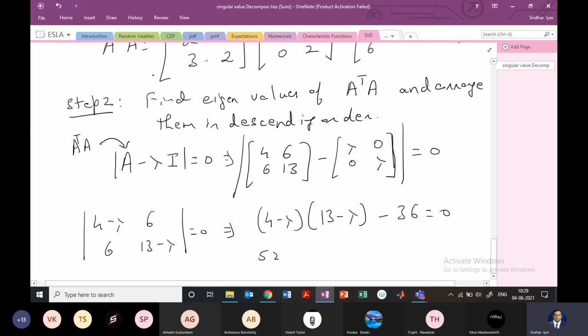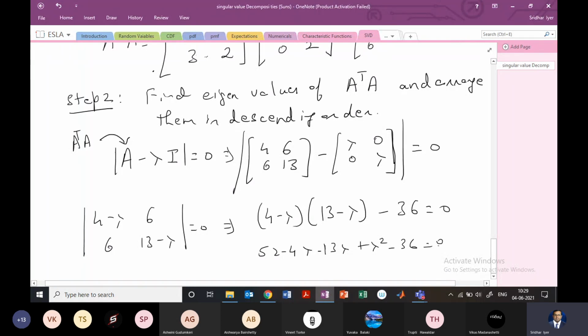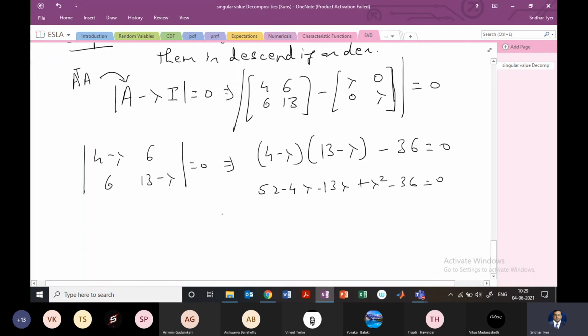So I'll get 52 minus 4 lambda minus 13 lambda plus lambda square minus 36 is 0. Then you have lambda square minus 17 lambda plus 16 equal to 0.